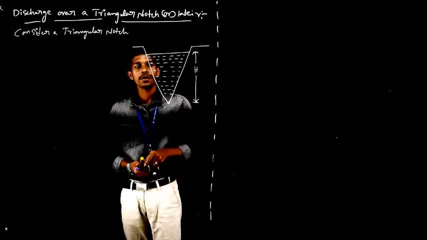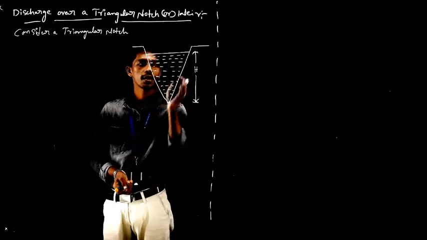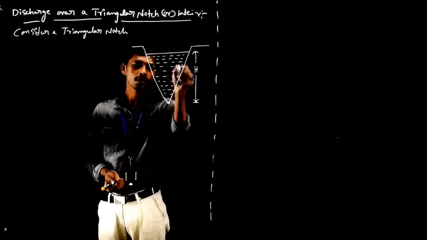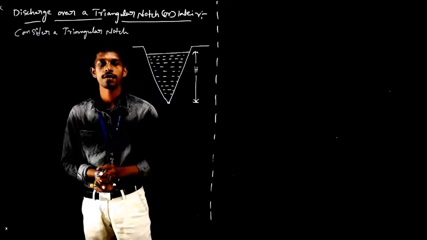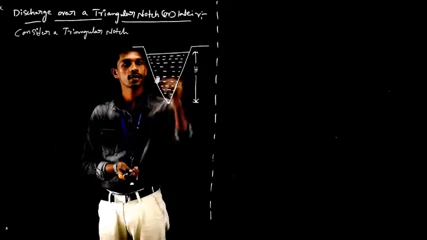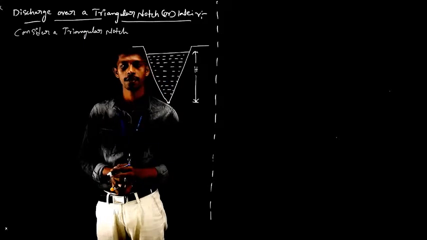Okay, so as in the previous one, to calculate the entire notch at a time is not that easy. So for that purpose, we will select a particular strip at a height of small h from the free water surface.